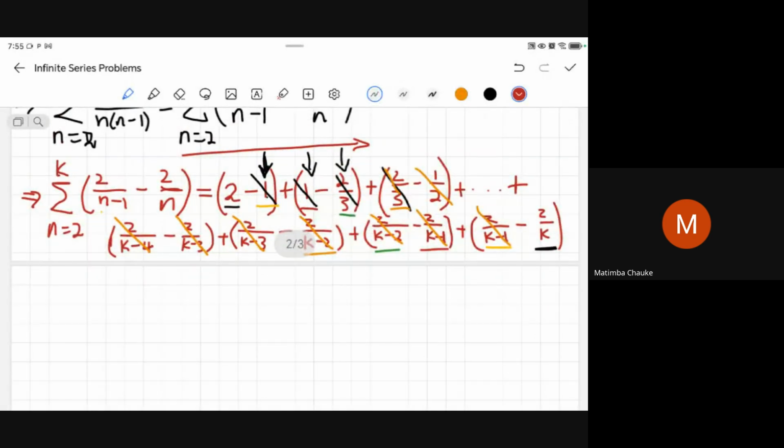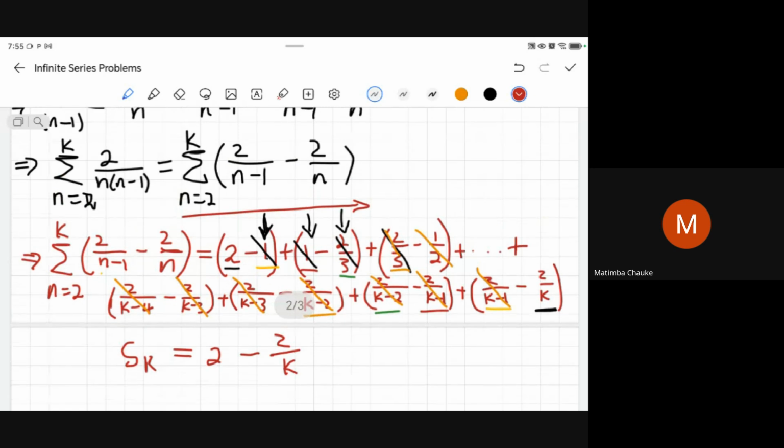We'd be left with 2k. We're left with 2 minus 2 over k. You see? And this is our f of k. So I won't call it f of n anymore because they changed our value to k. You see, right?